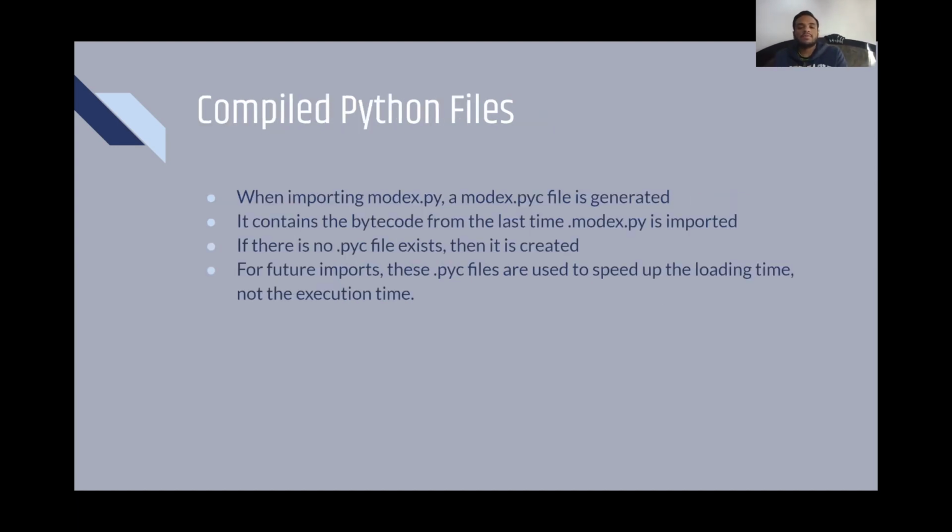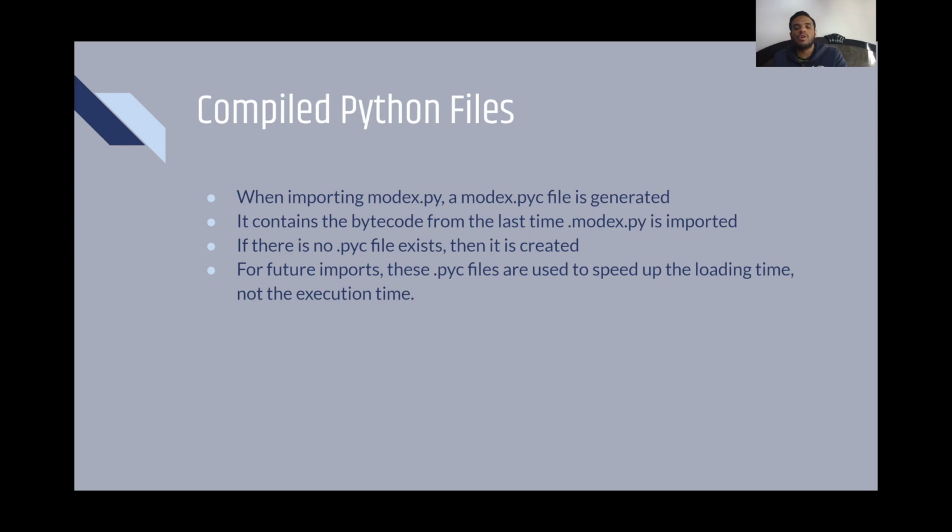Compiled Python files. When importing modux.py, it automatically generates a .pyc file once we import that module. It contains the bytecode from the last time we imported modux.py. If no .pyc file exists, Python will automatically create it once we import the module.